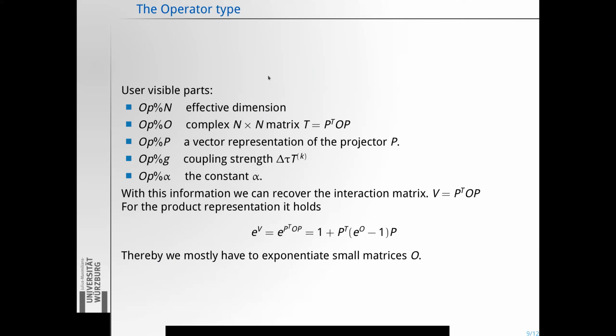So what does the operator look like? There are a couple of user visible parts. The operator is, similar to yesterday, a structure that you have to fill for specifying it. It has an effective dimension, op n, and it has this op o array where you specify your hopping matrix.